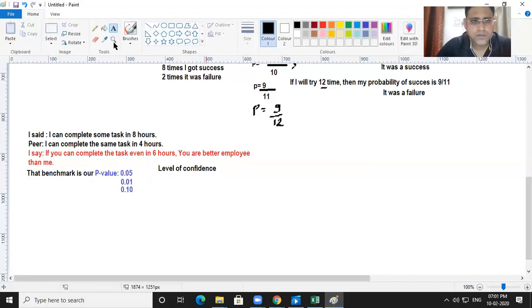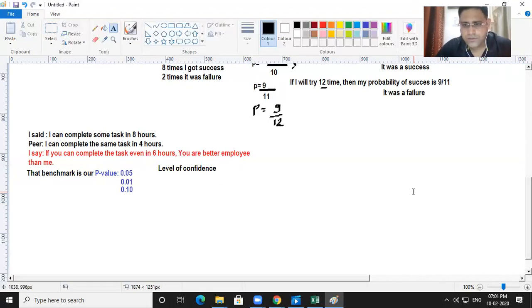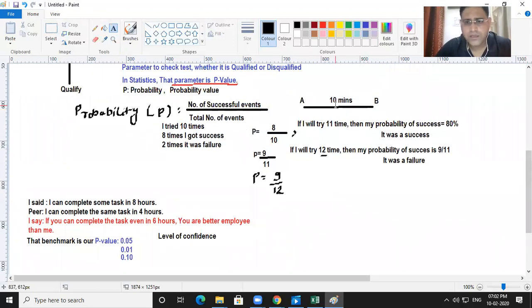So when I say level of confidence, what does it mean? Let us take the previous example. As we discussed, this is point A to B, and in 10 minutes I have to reach from point A to point B. If I do that, I'm successful. And if I take more than 10 minutes, then it is a failure.